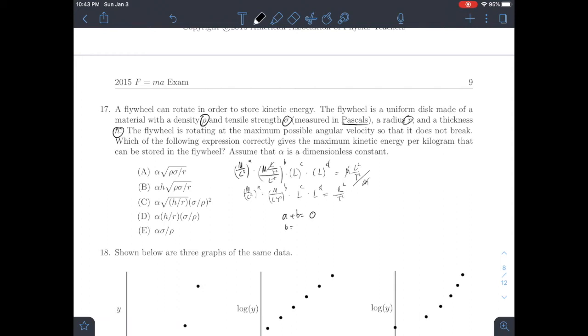There's only one expression that has t in it, which means b has to be equal to 1. Then a equals negative 1. Then L is finally equal to 2, to the second power, so negative 3a minus b plus c plus d equals 2. Then we get c plus d has to equal 0. So we can ignore the radius and the thickness. So finally we get sigma over rho times a dimensionless constant, which is E.